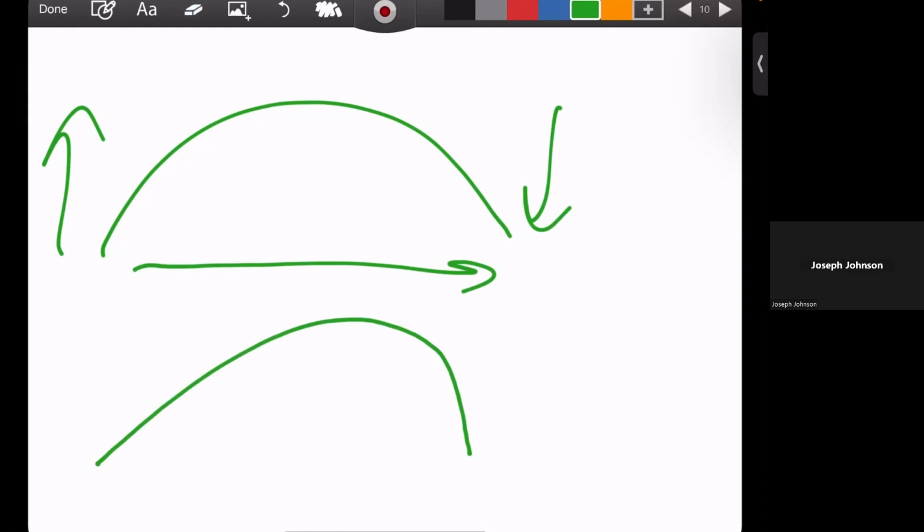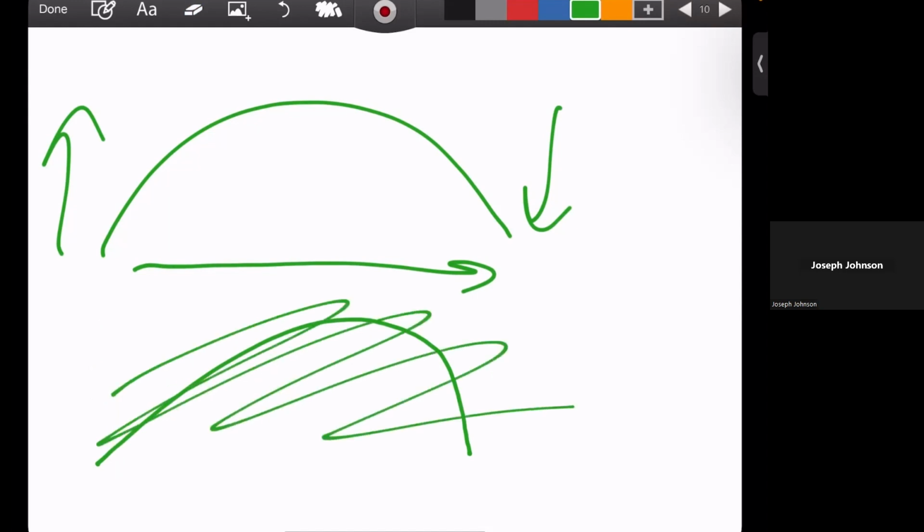Which is why a Hail Mary pass comes down almost vertical into the arms of the receiver. But for all of our problems, we're looking at relatively slow and relatively small duration types of things. So we ignore air resistance. We don't even worry about that. It's just fun to know stuff, for your future reference.